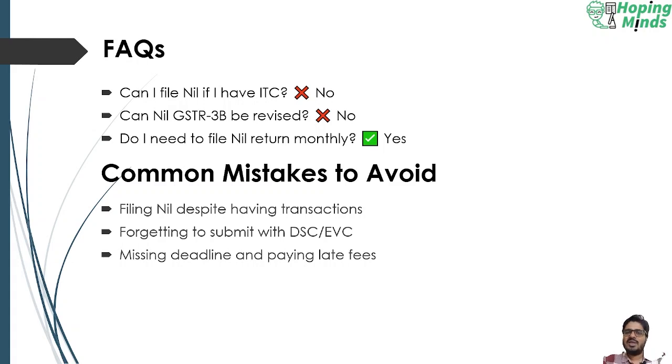So the GSTR-3B return must be filed through the EVC or DSC as applicable, and it should not be left after submitting the return. Then missing the deadline and paying late fee. Again, taxpayers should adhere to the deadlines and file the GSTR-3B return well within the due date to avoid interest, penalties and notices from the GST department.